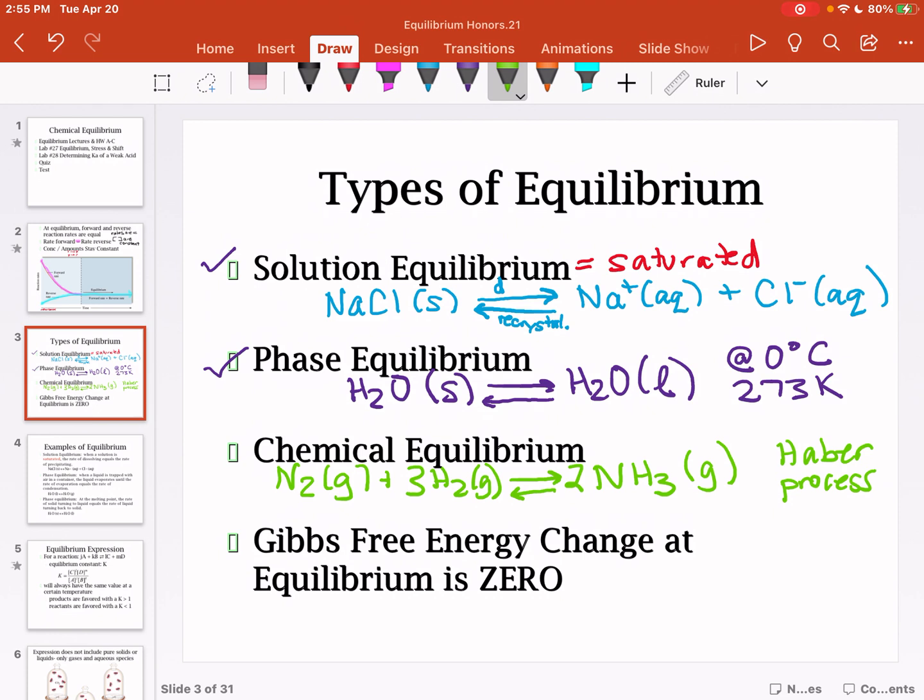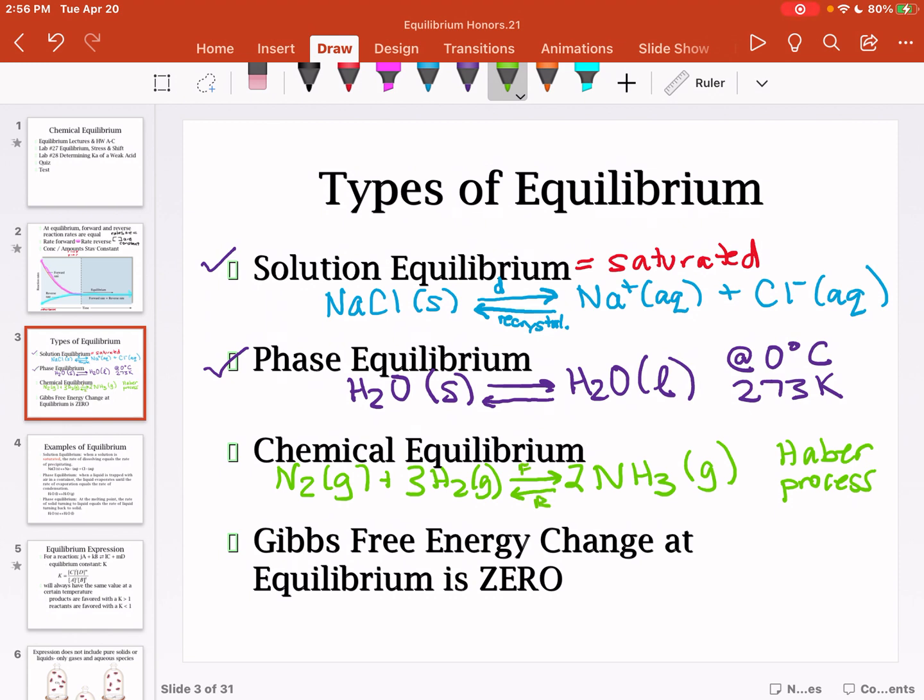So as fast as he was trying to make his ammonia, it was being undone into hydrogen and nitrogen. And so we will find out tomorrow that we can use the tricks of chemistry in order to push a reaction in a certain direction. And so for chemical equilibrium as well, the rate of the forward reaction equals the rate of the reverse reaction.